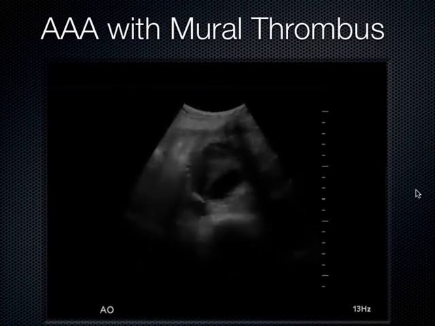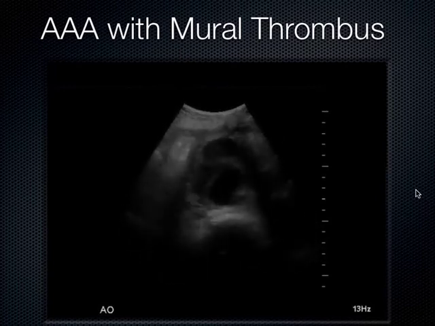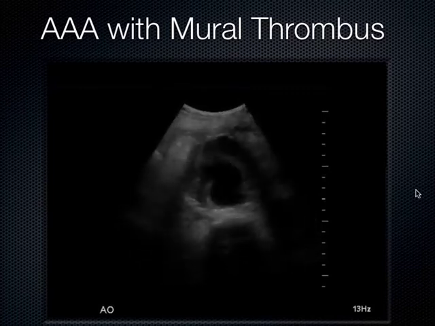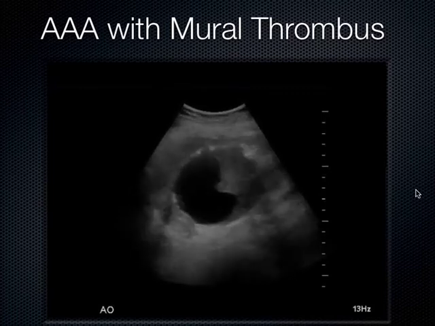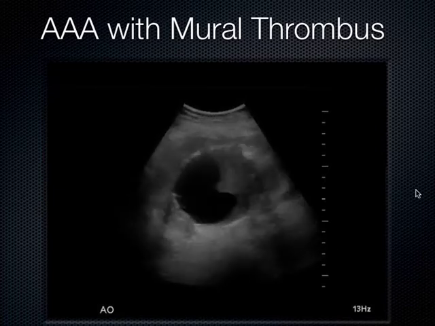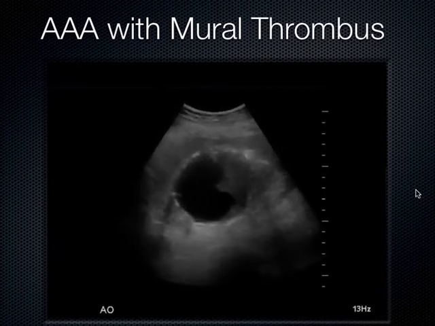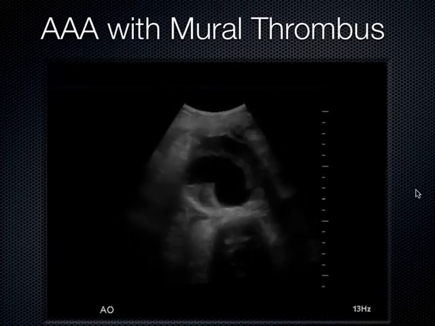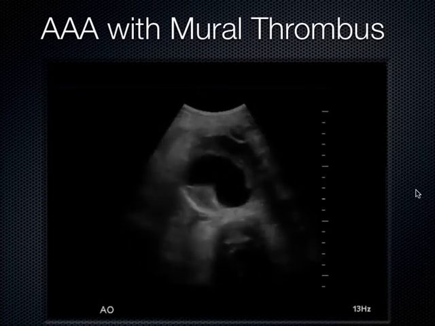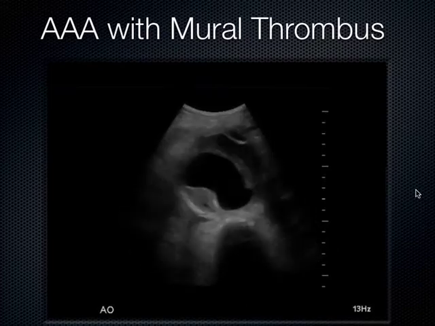As the true lumen of the aorta is pulsating, the mural thrombus is dampening the pulsatility and sometimes makes it difficult to palpate on a physical exam, which is why the physical exam has about a coin toss for sensitivity for picking up an abdominal aortic aneurysm. Even one this large, about 8, 9, 10 centimeters, because of all that mural thrombus, dampens the pulsatility, making it difficult to pick up on physical exam.